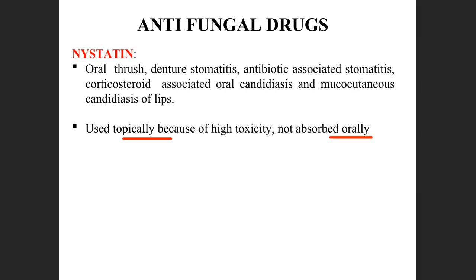It is not absorbed orally. So it can be used in different oral conditions such as oral thrush, denture stomatitis, antibiotic associated stomatitis, and candidiasis of the lips, etc. It is used topically for the treatment of fungal infections of the mouth.